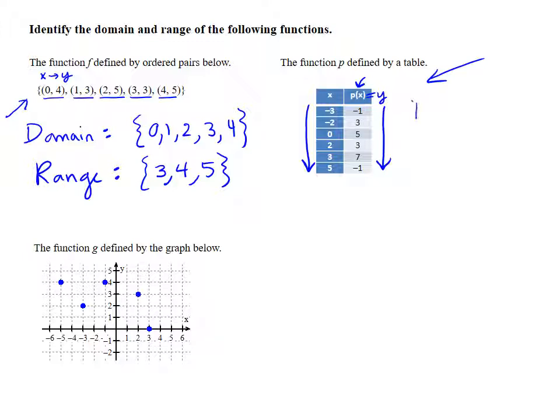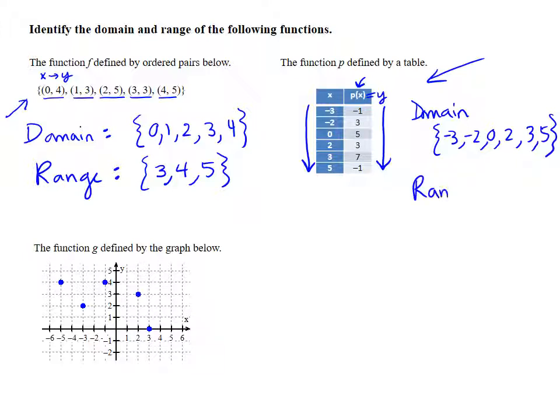The domain would be the set of all of the x values. So again, they're listed individually, so we list them that way as a set. So -3, -2, 0, 2, 3, and 5. So there are 6 values that are contained within the domain.